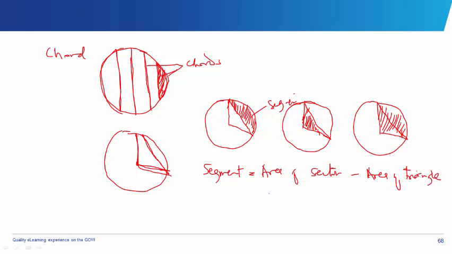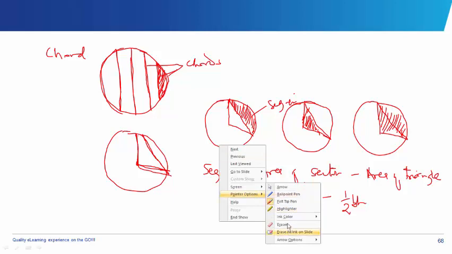Okay, and the area of the sector, we already did that: the angle at the center over 360 times the area of the whole circle, which is pi r squared. So when we find this, we'll now do minus area of the triangle, which is half base times height. Okay, so now let's look at an example to help us explain this point.